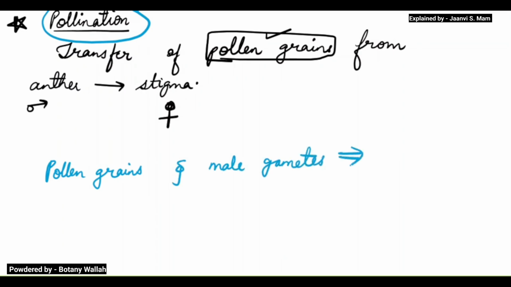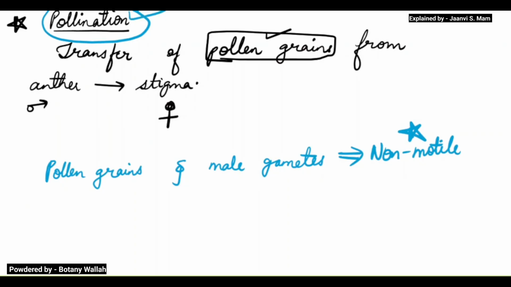Yesterday I mentioned both are non-motile. If both are non-motile, then how will they reach the female? They do not have any capacity to fly and go. So for that purpose they need the process of pollination.